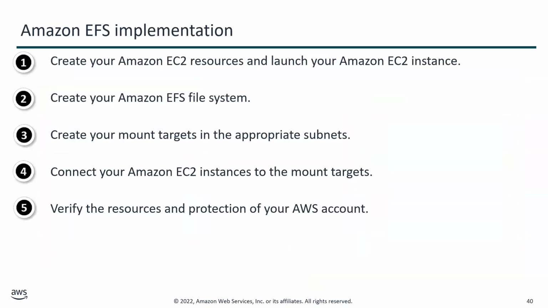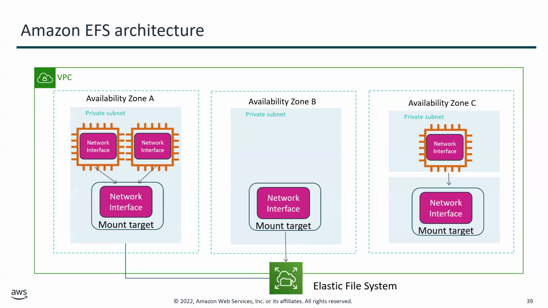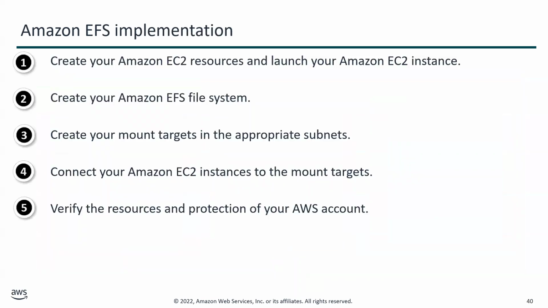So the steps would be, we create our EC2 resources and launch an Amazon EC2 instance, create the Amazon file system, and create mount targets in appropriate subnets, wherever your EC2 is sitting. From there it can access, obviously it needs mount targets.